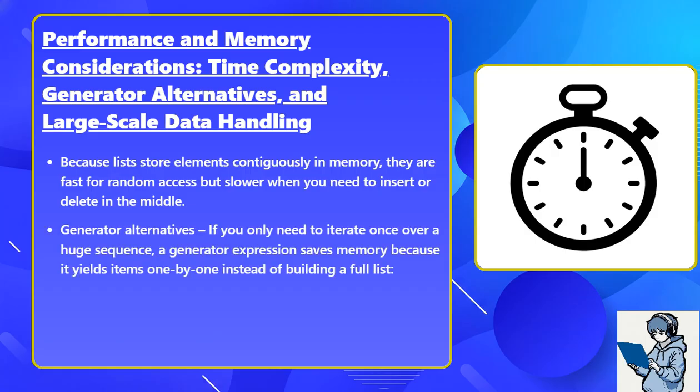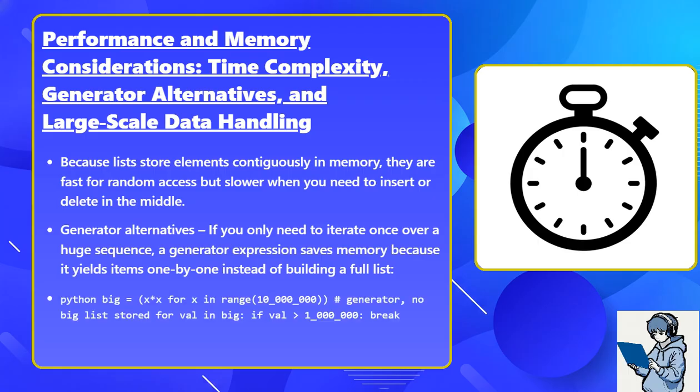Generator alternatives, if you only need to iterate once over a huge sequence. A generator expression saves memory because it yields items one by one instead of building a full list. big = (x * x for x in range(10 million)), which is a generator, no big list stored. Then for each val in big, if val greater than 1 million, break.